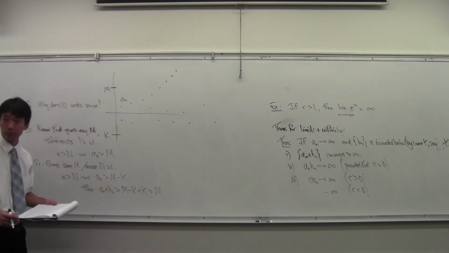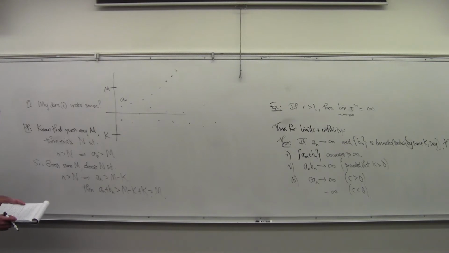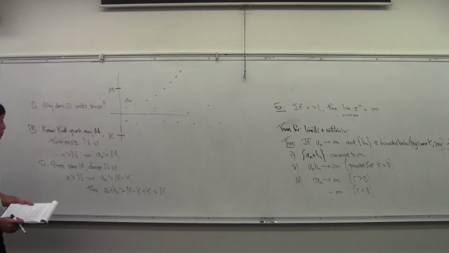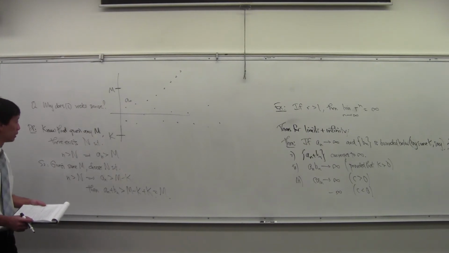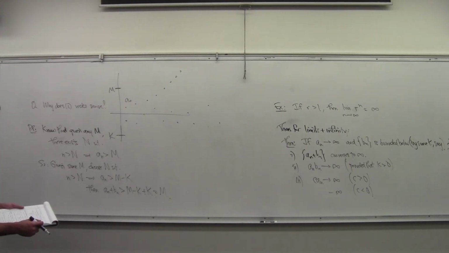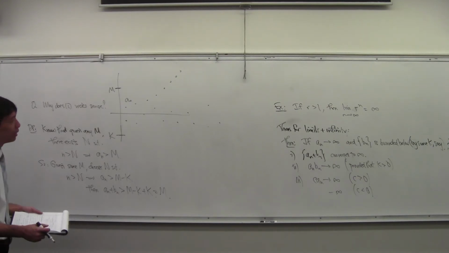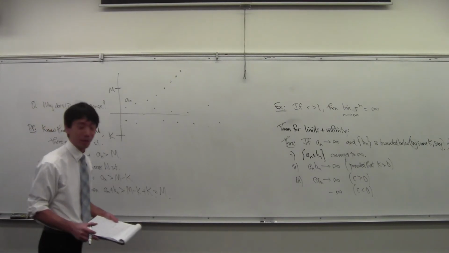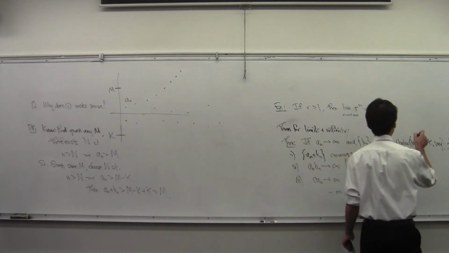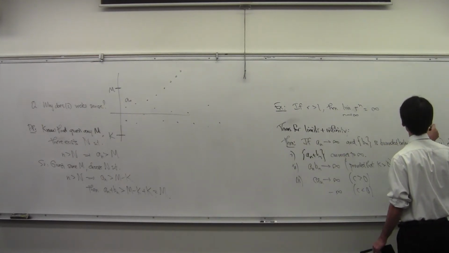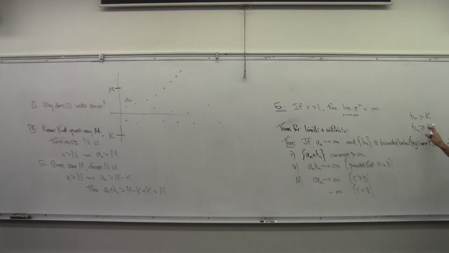Professor? Yeah. I thought it's really important, but is it a sub n plus b sub n greater than, or greater than or equal to? Because if we're setting the bound at k, if it's bounded by k, does that mean it approaches only, or could it also equal k? Yeah, it could be either one, actually. When people say bounded below, you're right, we could mean either.